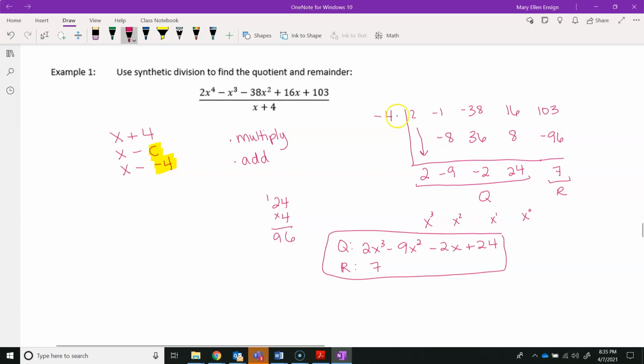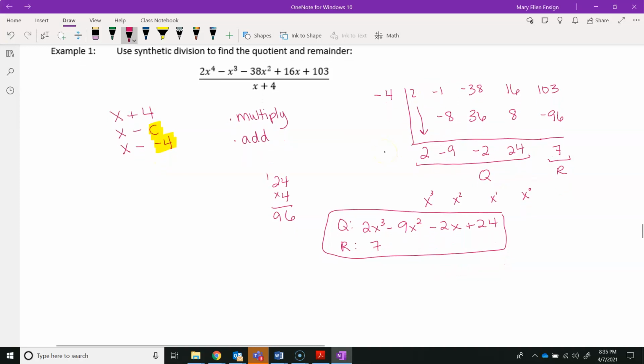Okay, in order to check that, I could multiply my quotient by my divisor, the whole x plus 4. Whatever I get, then I'd have to add in that 7 from the remainder to get what I started out with.